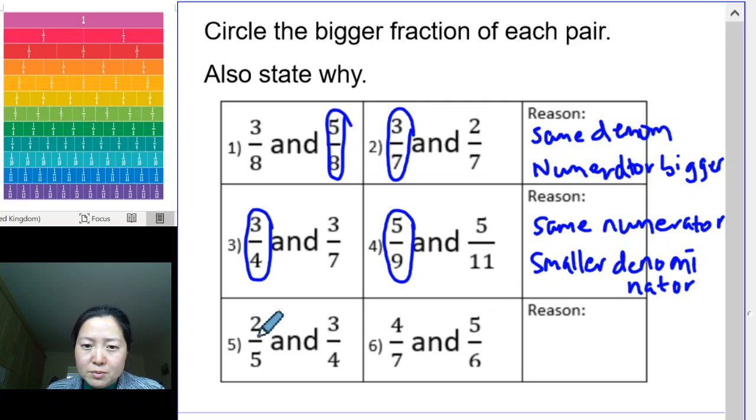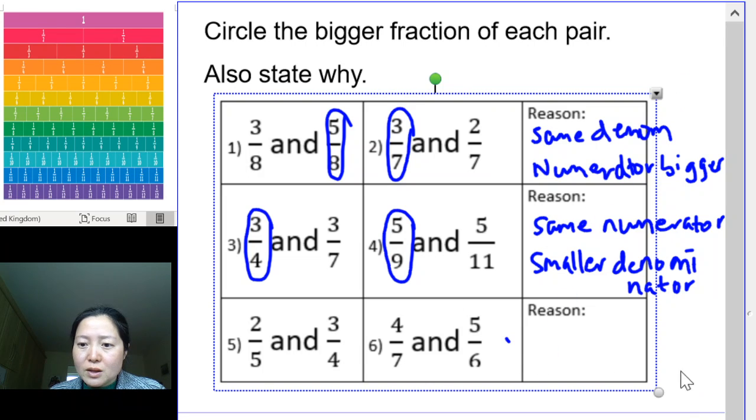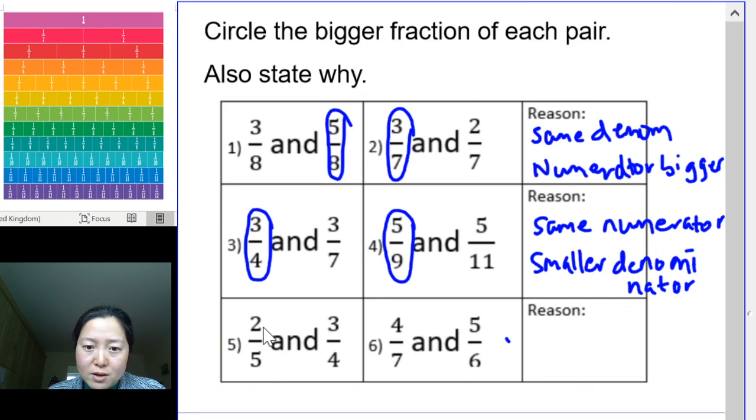So the last row of questions, these are slightly trickier because there's nothing the same really. How do we do this? It's going to be the same idea, okay? So in the first pair, 2/5 and 3/4, if you notice, the numerator is smaller, yeah? That would make the fraction small if they had the same denominator.